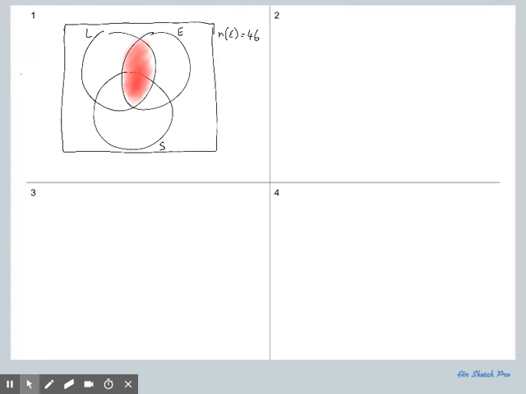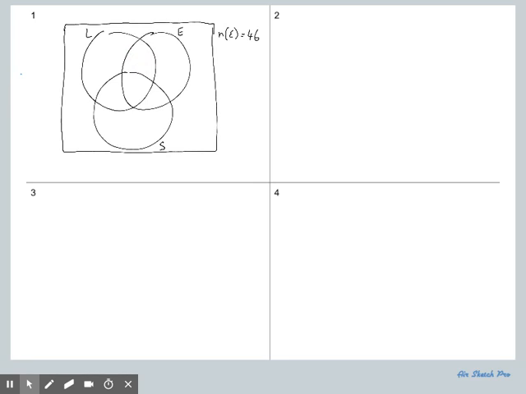Sorry, beg your pardon, not or, and. That's pretty important. This bit here are students who own a lion, because it belongs in this group, and an elephant, because it belongs in this group, but they definitely don't own a snake, because there's none of that group mentioned.